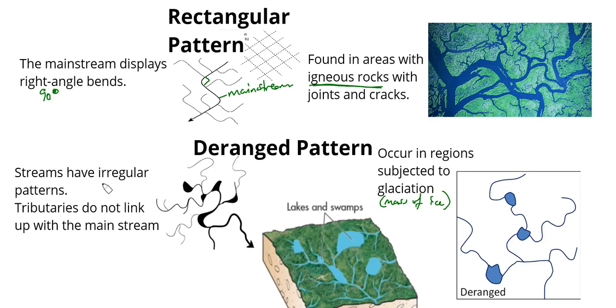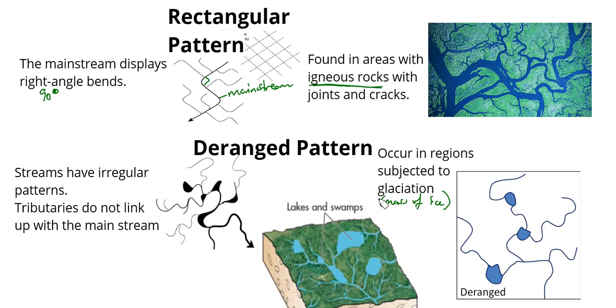So streams have irregular patterns. The tributaries do not link up with the mainstream. We have a tributary here emptying into a lake, and another tributary here emptying into a lake. Then from that lake, another stream forms and empties again into a lake.